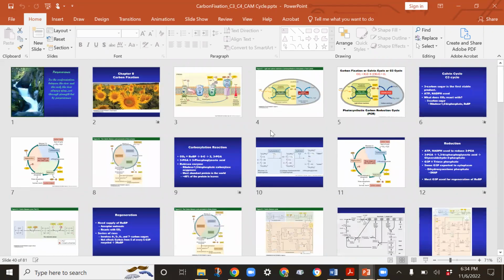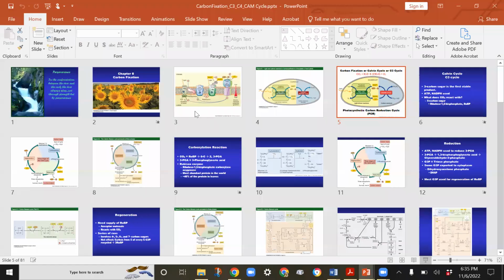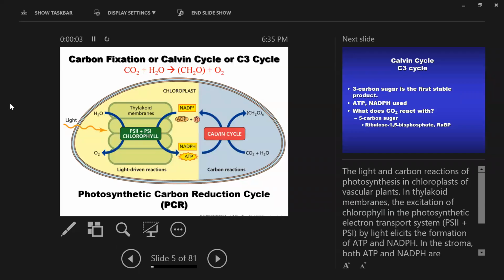So carbon fixation, now we're thinking about phase 2, the biochemical reactions, sometimes they're called. Here they're showing both linked together, where you have the light reactions on the left and then the carbon reactions on the right.